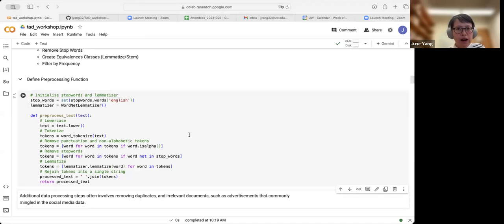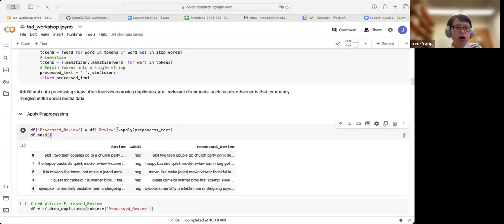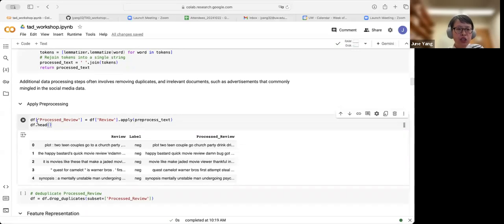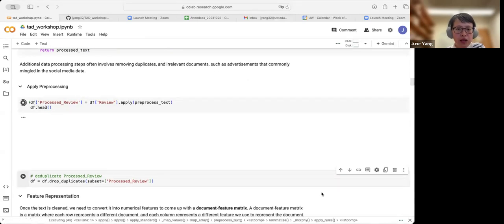After we define this function, we need to apply it to our dataset of movie reviews. We generate a new column from this review column by applying the process text function on it. So what do we have afterwards? This df.head is just helping us take a preview of what's contained in this data frame.